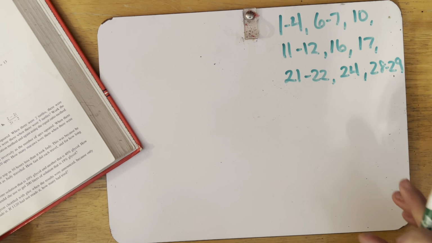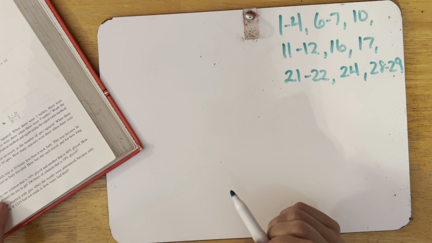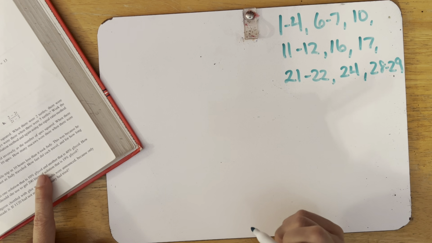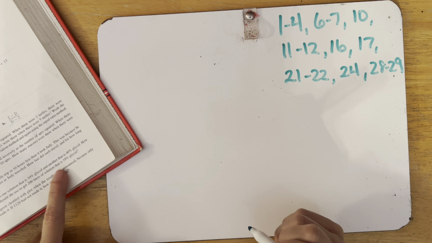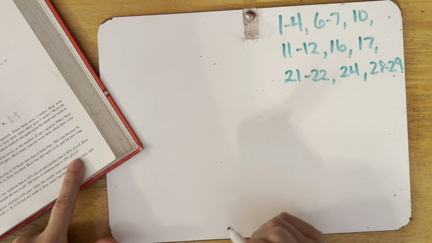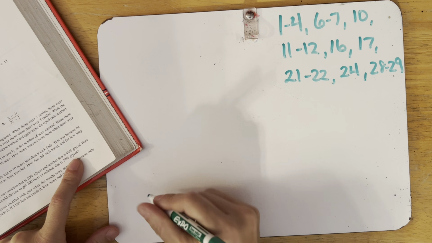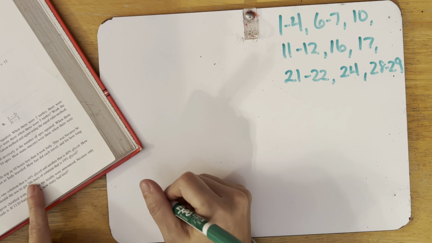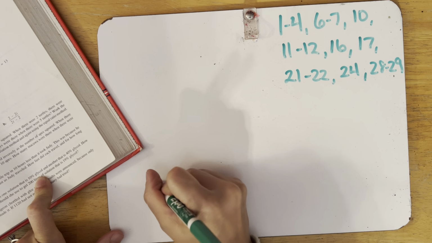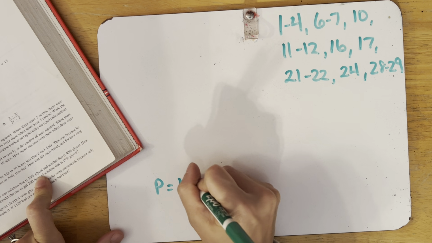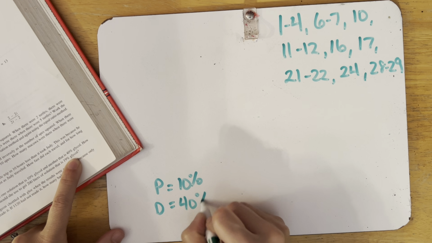Okay, number 4. Whittle-Cootie has one solution that is 10% glycol and another that is 40% glycol. How much of each should she use to get 200 liters of solution that is 19% glycol? Okay. So first of all, I'm going to write down here, this is just how I usually organize, my P equals 10% and my D equals 40%.